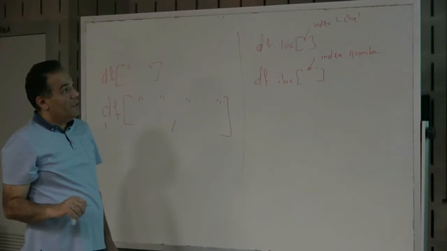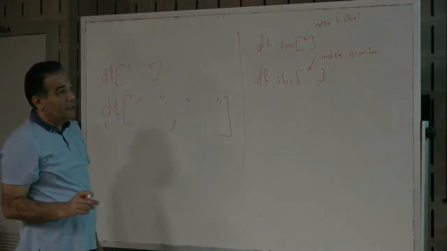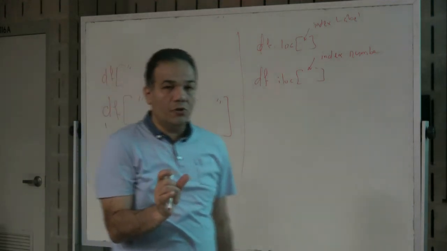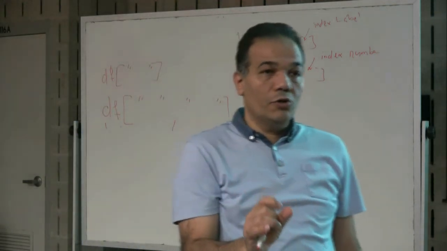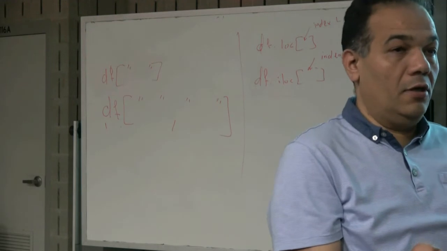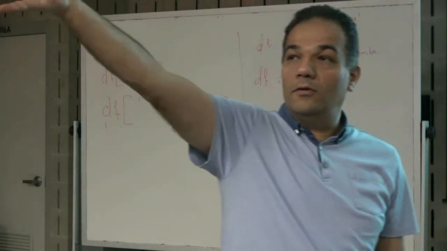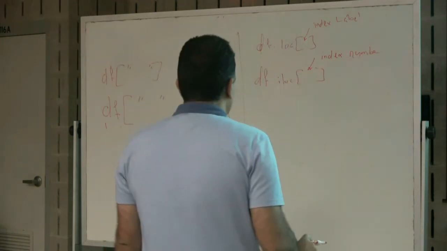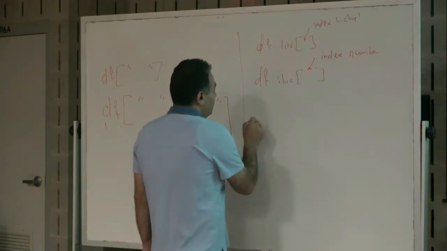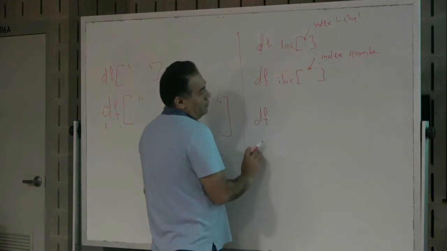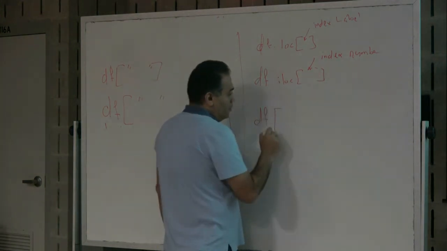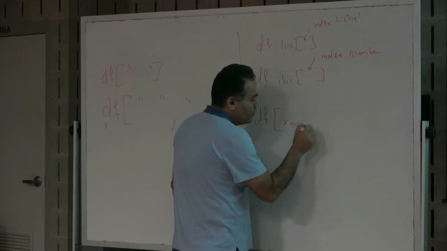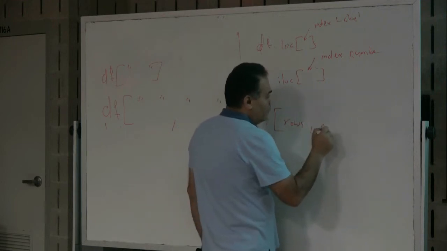Now, I need to get both. I need to get certain rows and certain columns only. So what do I have to do? Slicing. I have to do slicing. So to do that, df, I have to have first the rows and then the columns.